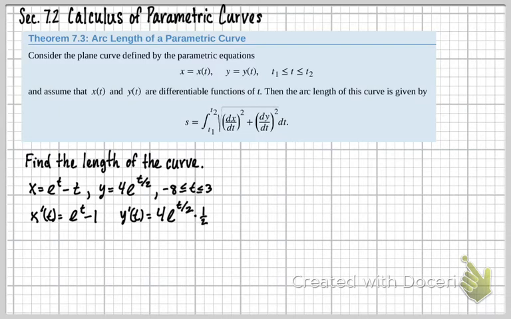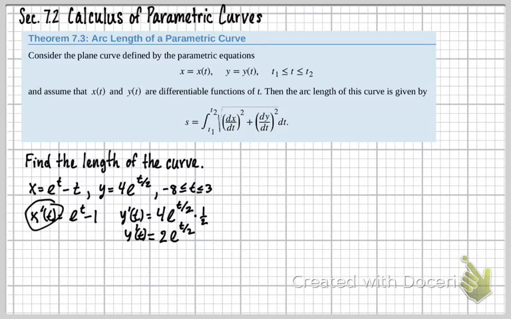So when we clean this up a little, this will actually be 2e to the t over 2. And that's going to be my y prime of t. So now I have both pieces here: my x prime of t is this piece here, and my y prime of t is this piece here.